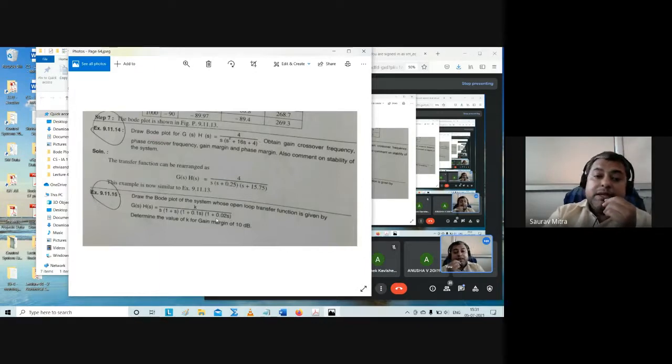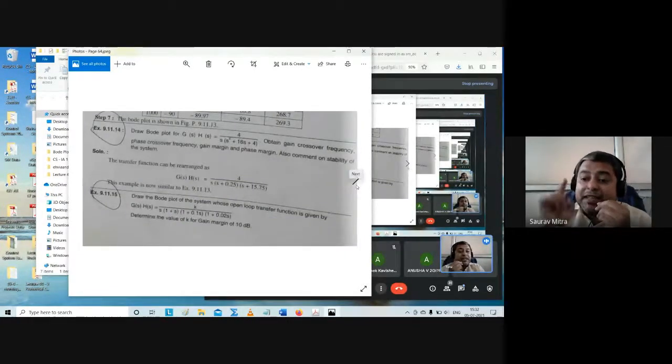But the biggest problem is that the k value is not given. That means in this case you have to draw only the lines resulting from s, 1 plus s, 1 plus 0.1s and 1 plus 0.02s. So it is a very difficult numerical at your level. Please understand every bit of this numerical thoroughly.